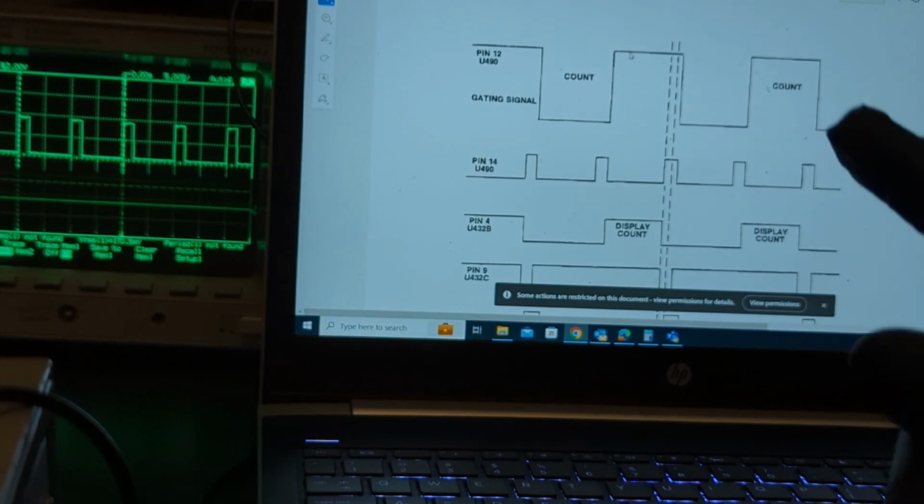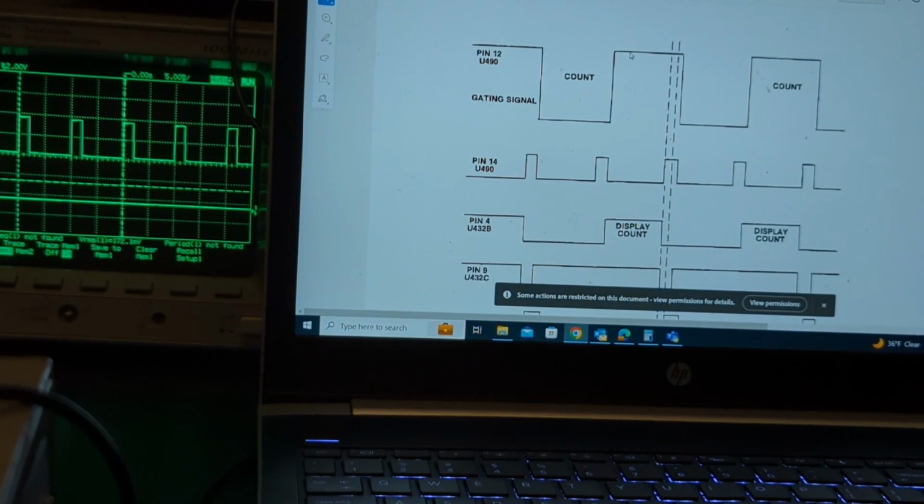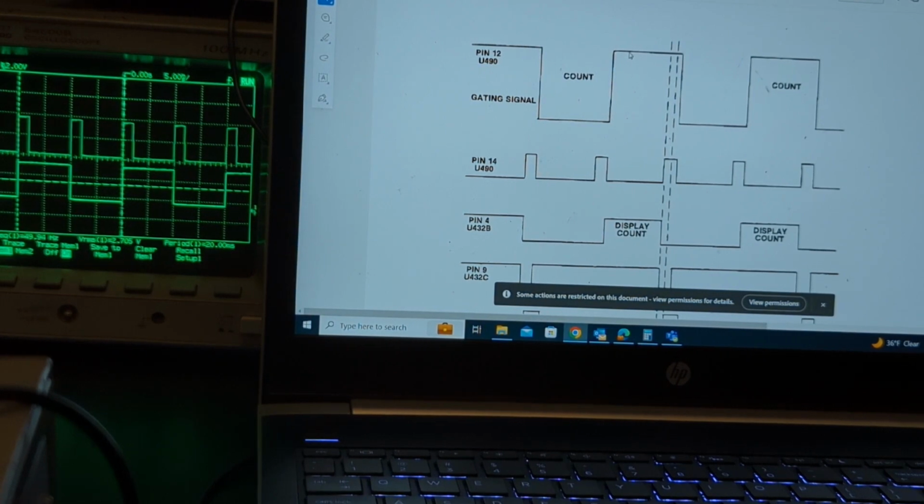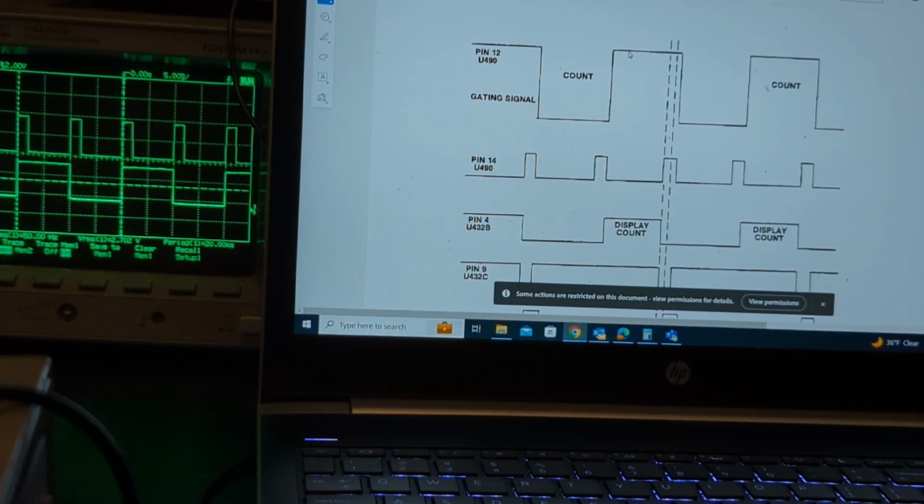So pin 12 is up top, so let's check that. Okay, and that looks good, and that's what I was referring to earlier. You can see the period is 20 milliseconds, so it is doing that dividing by 2.